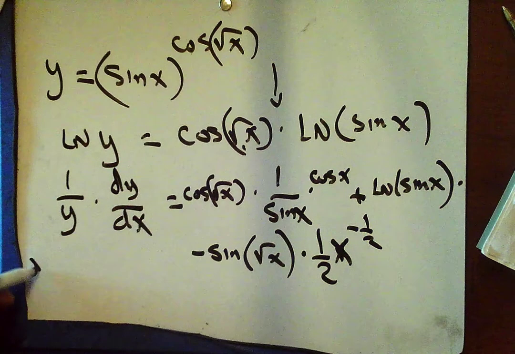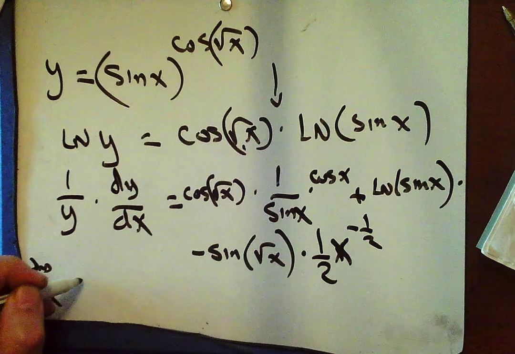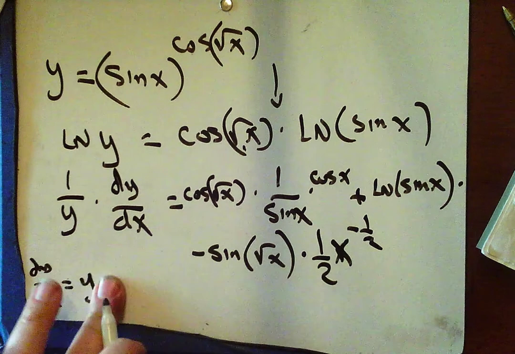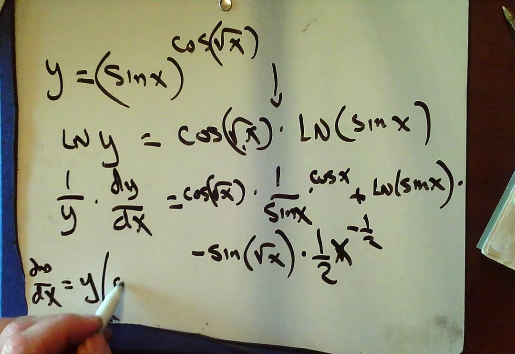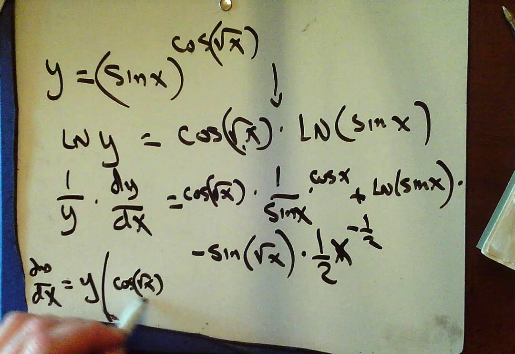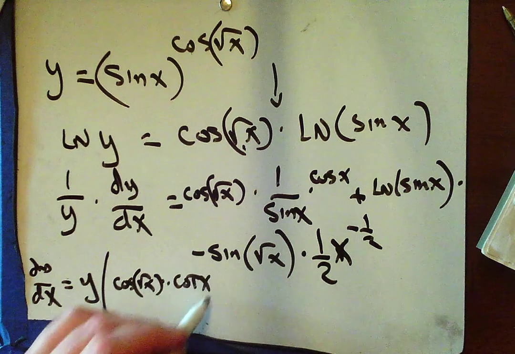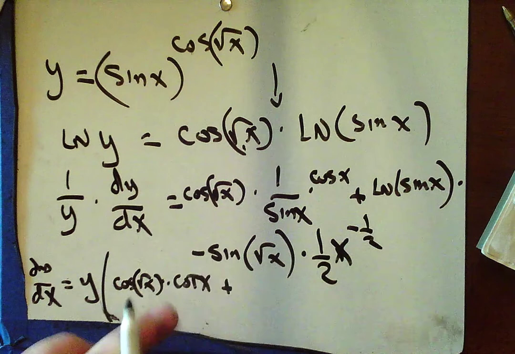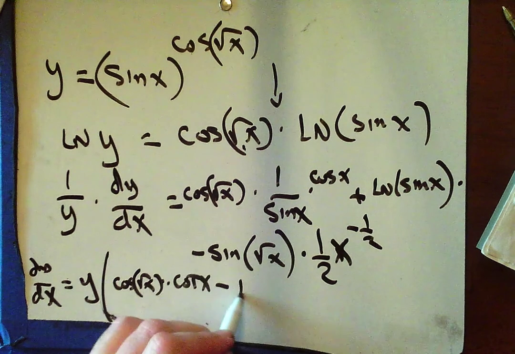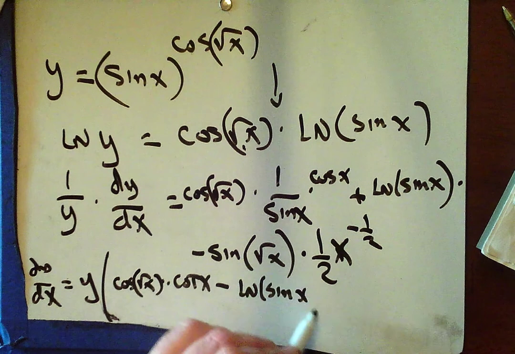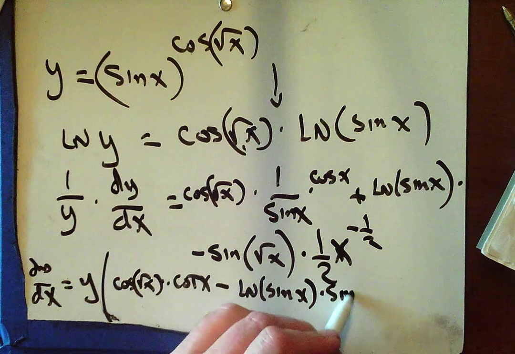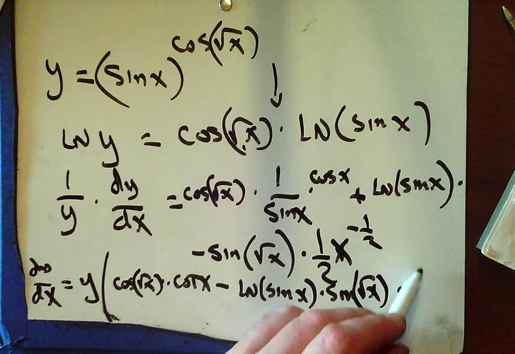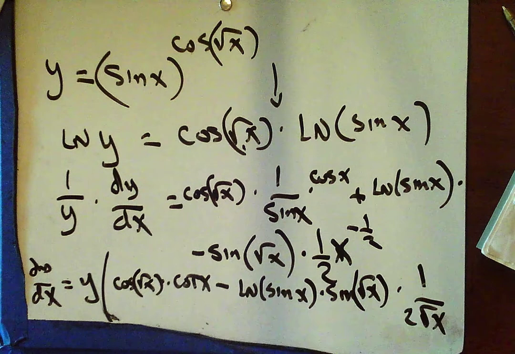So I'm going to have dy/dx equals y times cosine square root of x times cotangent x plus, no, because that negative times that positive is going to give me minus ln sine x times sine square root of x times 1 over 2 square root of x.